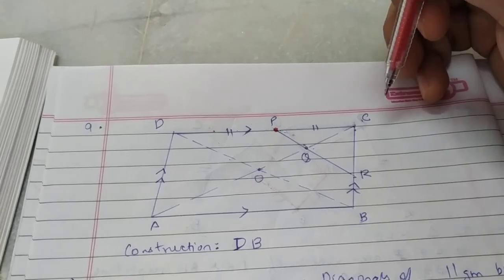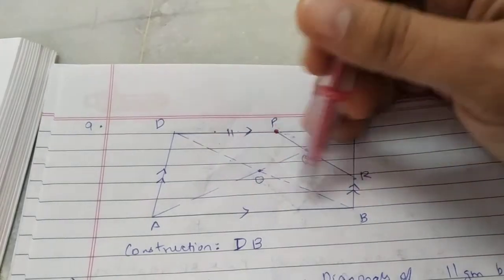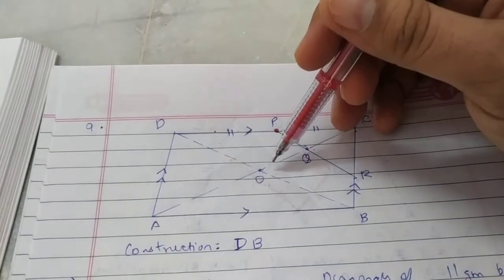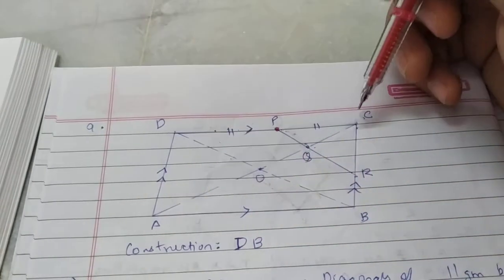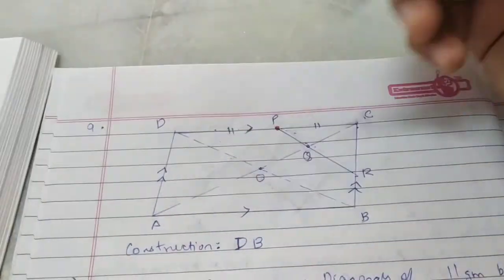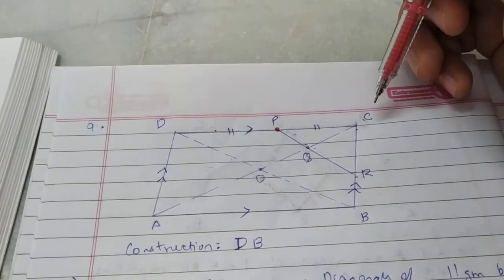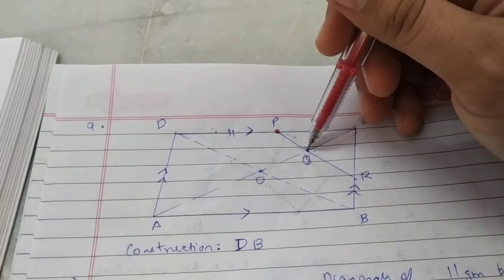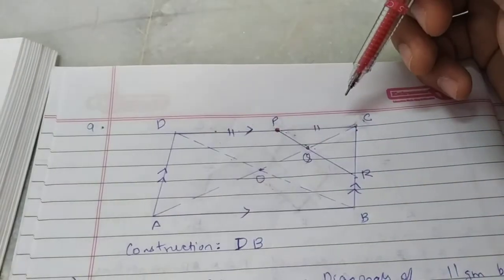Now we know that in a parallelogram the diagonals bisect each other. That means CO will be half of CA. But in the question they have also mentioned that CQ is 1/4 of CA.